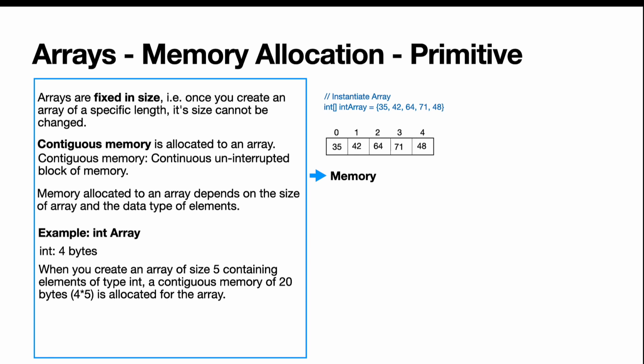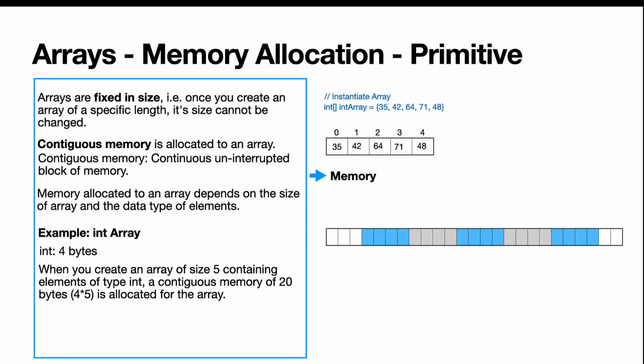Let's see how memory is allocated for this array. Let's say we have a block of memory. For this array, 20 bytes of contiguous memory, that is a continuous and uninterrupted block of memory, is assigned. Let's say our array variable is assigned a memory address of 201.